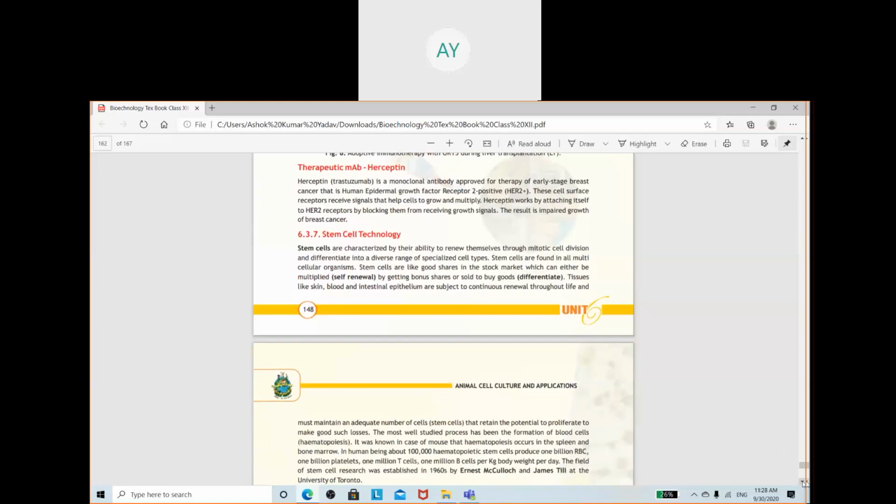Can you tell me what you mean by totipotent? What do you mean by pluripotent? What do you mean by multipotent? What do you mean by unipotent? Anyone? Totipotent means the ability of a cell to divide, multiply, and regenerate a whole individual.